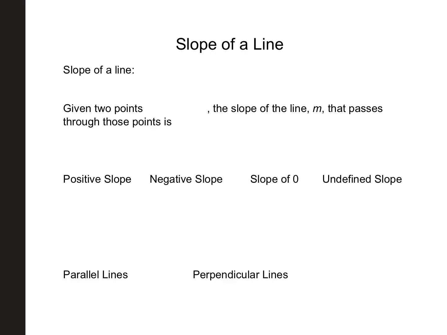Okay, the slope of a line, I mean, we talk about the slope of a line in so many different ways throughout your algebra classes. Whether people refer to the slope of your line as the rate of change, or maybe some people refer to your slope as the change in y's compared to the change in x's.